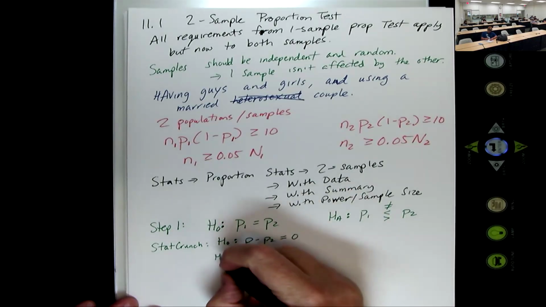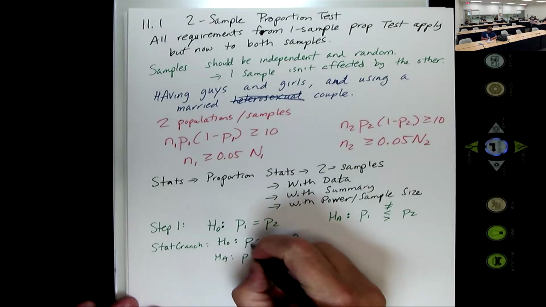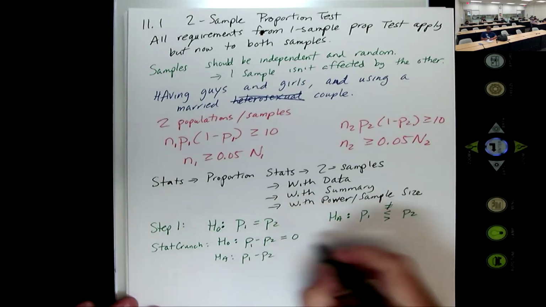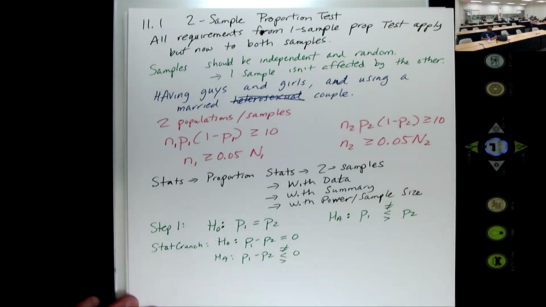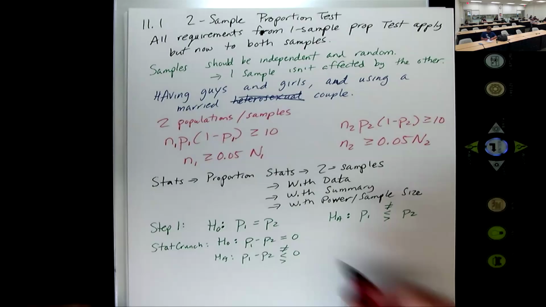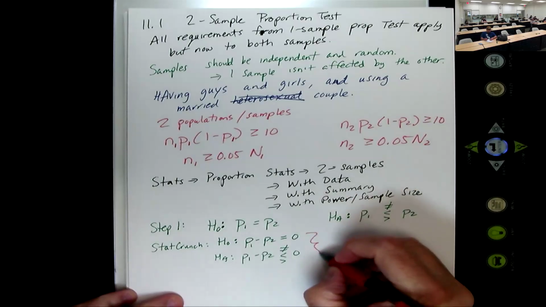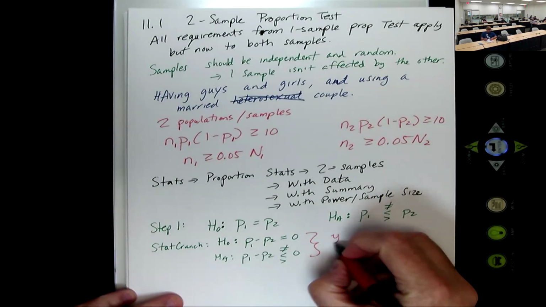And then HA is P1 minus P2 either doesn't equal, is less than, or greater than 0. And they even leave this box empty. Well, it's not empty, you can replace 0.